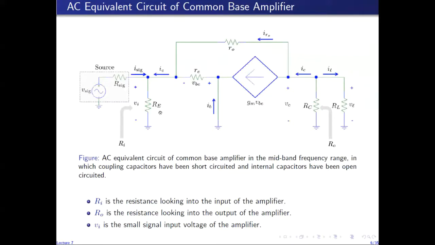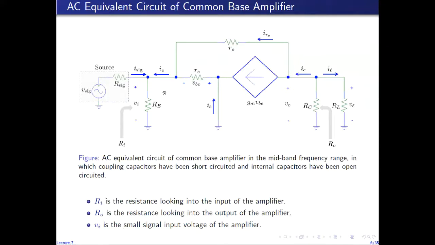And the resistance seen looking into that port is obviously in parallel with Re, and that parallel combination with Re gives us Ri. So this resistance here, which is the resistance seen looking into the port made up of this node and ground, is actually the resistance seen looking into the emitter terminal.